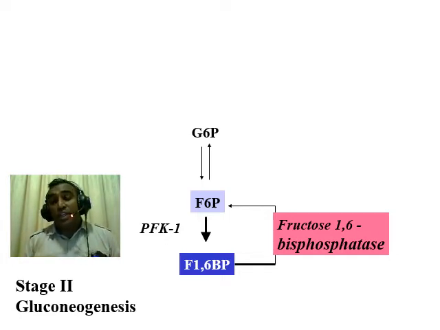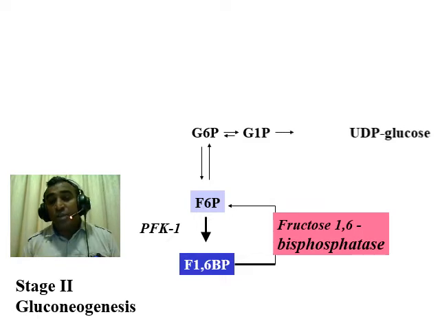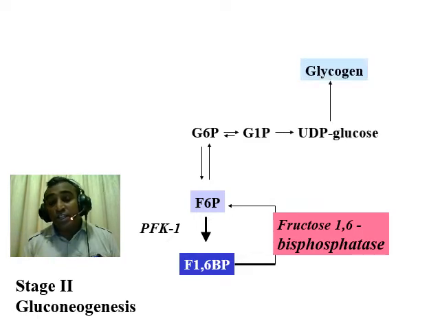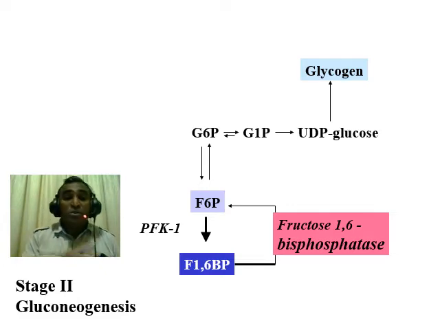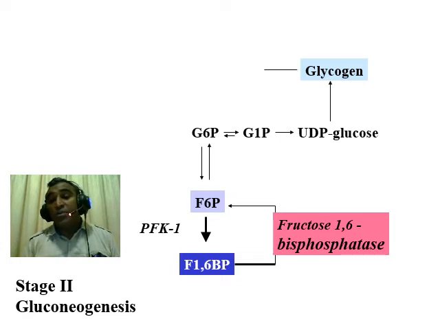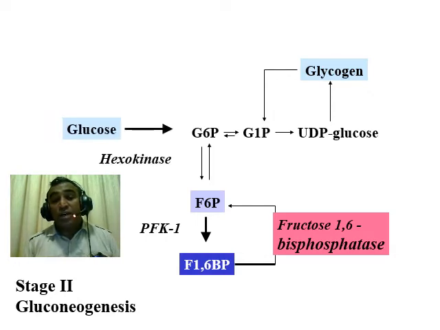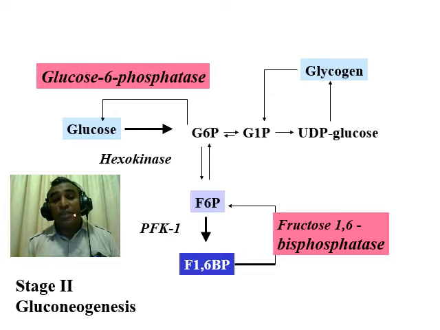What to do with it? If there is excess of glucose 6-phosphate, it can be made into glycogen by entering the glycogen metabolism itself. And then when there is a drop in glucose in the liver, and the liver requires it to dump glucose into the bloodstream, the storage glycogen can be converted back to glucose 6-phosphate, followed by this bypass by another phosphatase enzyme, that is glucose 6-phosphatase, and then you get free glucose.